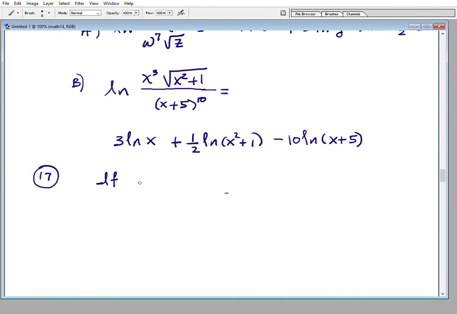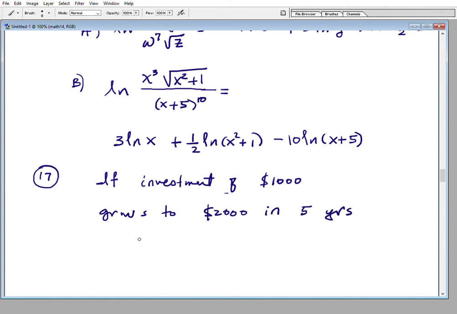If an investment of, let's say, 1,000 grows to 2,000 in 5 years, and then it has to say compounded continuously to use our formula. Okay, find the rate.